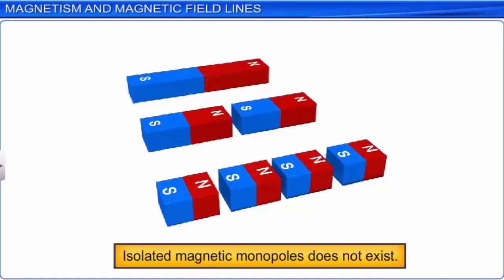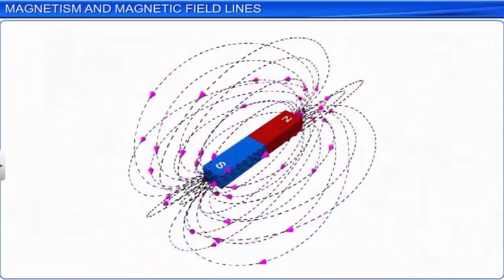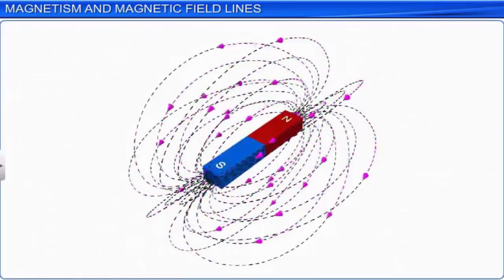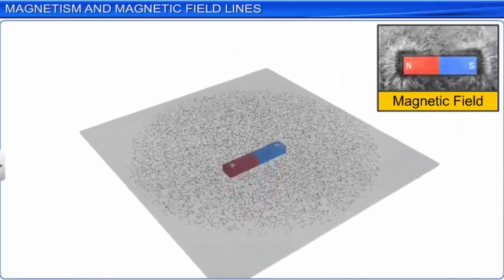Let us now discuss an activity about the magnetic field lines of a bar magnet. Consider a glass sheet with some iron filings sprinkled on it. Bring the bar magnet from the bottom of the glass sheet close to the sheet.